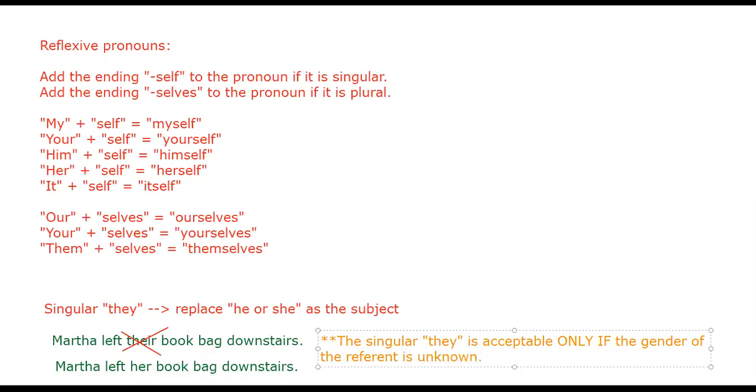So that's the only time when the singular they is acceptable. That's something to keep in mind. You can use it to refer to one person, but only if the person's gender is not known. So don't use it when you do know someone's gender. That's not standard. Okay, so that's all I want to say on that.